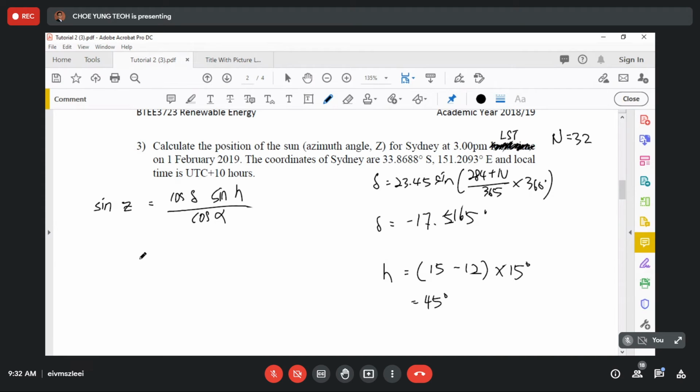So the last one should be alpha. Then you get the equation for alpha.